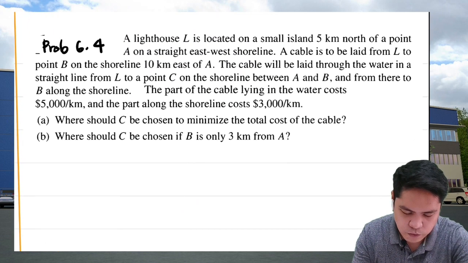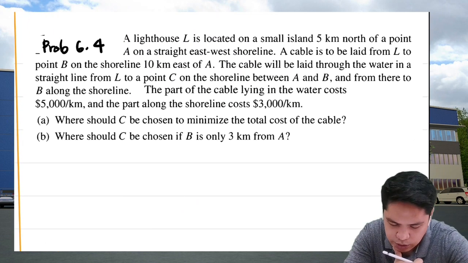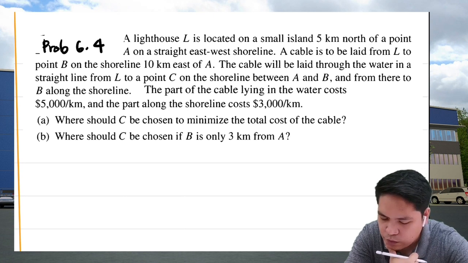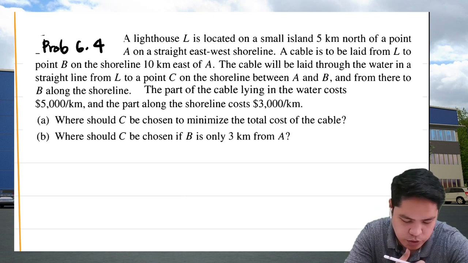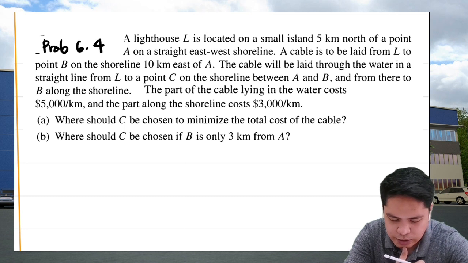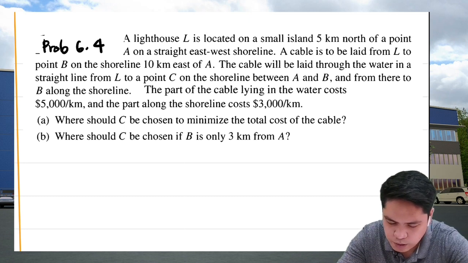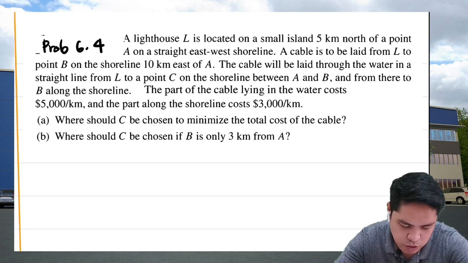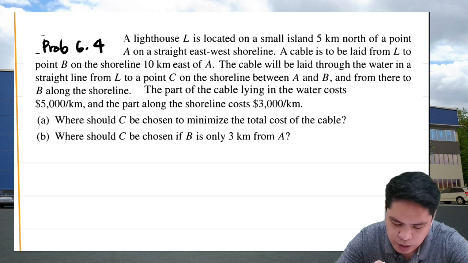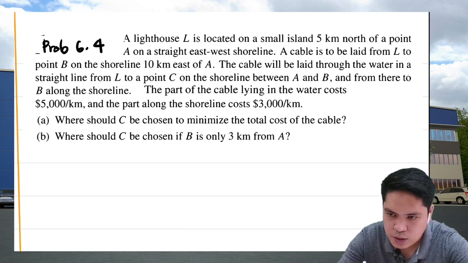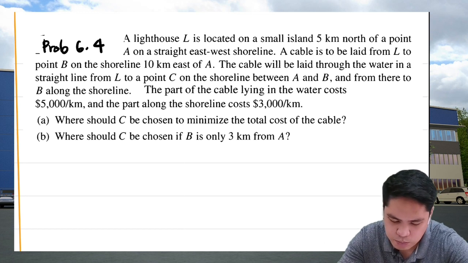Problem 6.4. A lighthouse L is located on a small island 5 kilometers north of a point A on a straight east-west shoreline. A cable is to be laid from L to point B on the shoreline 10 kilometers east of A. The cable will be laid through the water in a straight line from L to a point C on the shoreline between A and B, and from there to B along the shoreline.